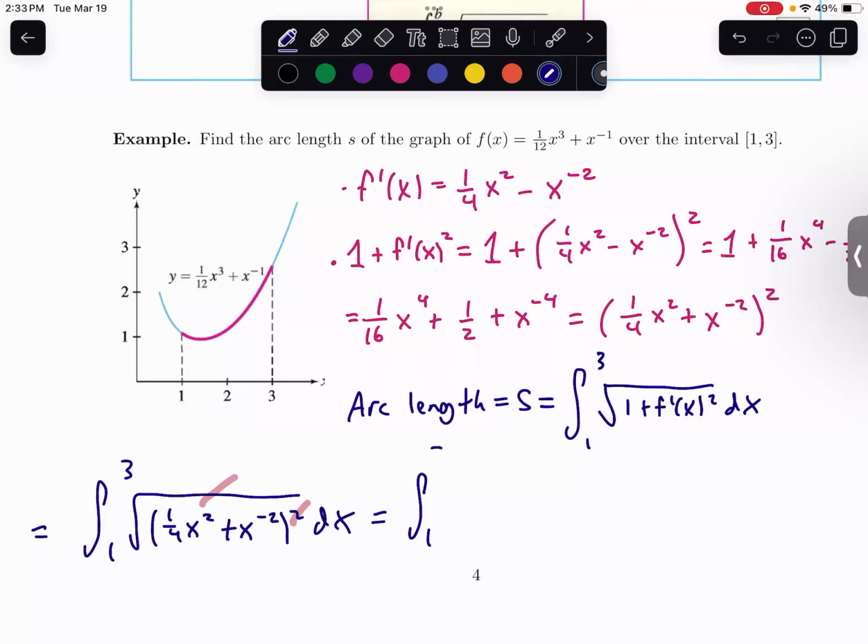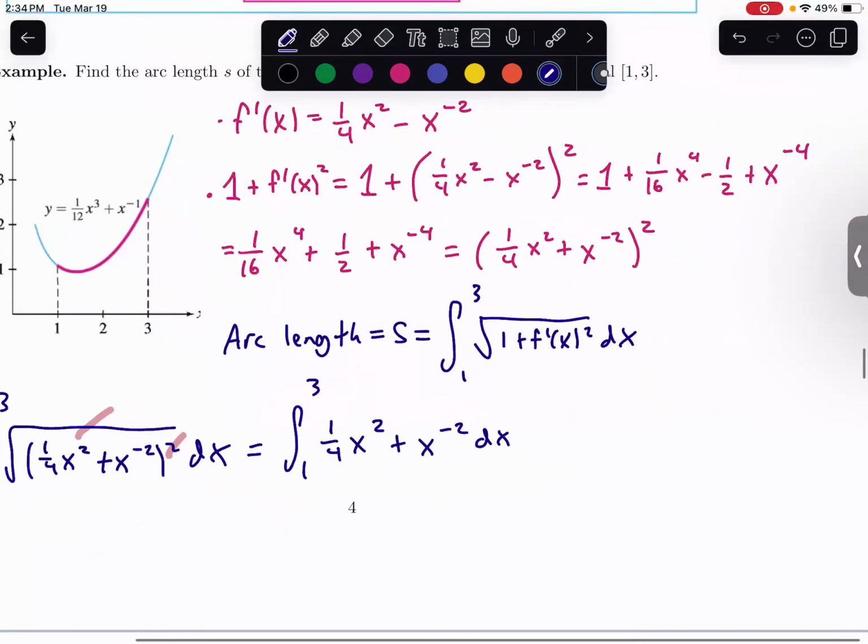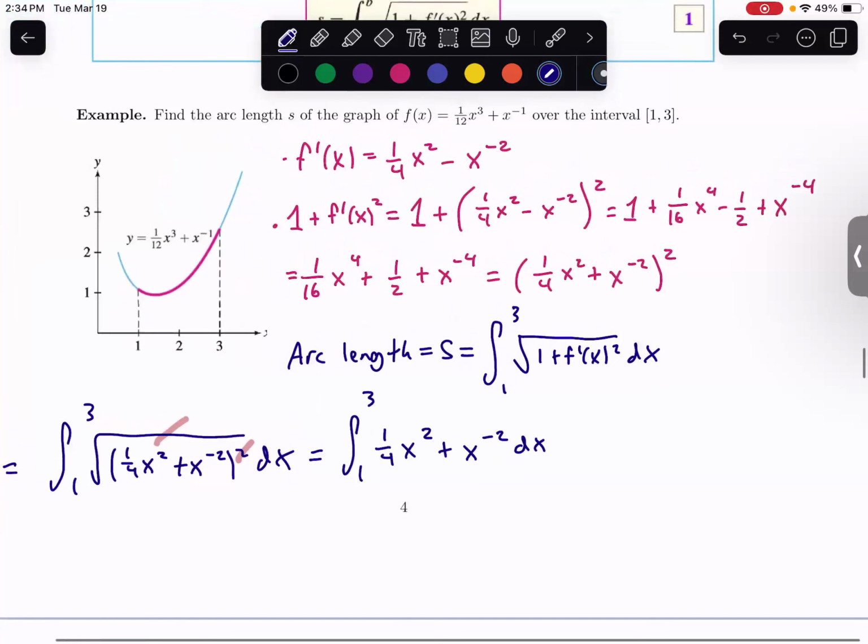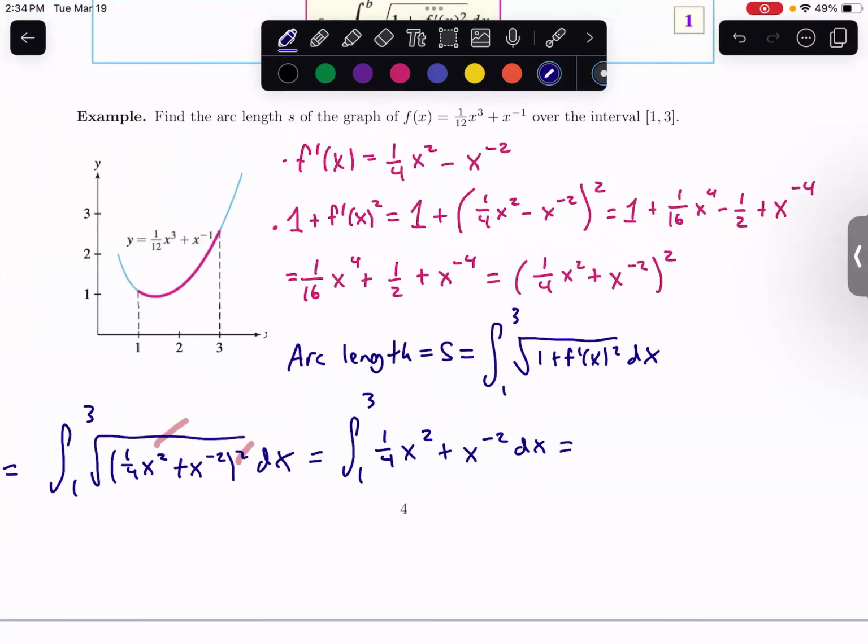This is just the integral from 1 to 3 of 1 over 4 times x squared plus x to the minus 2 dx. So then it's just a matter of determining what this integral is using the power rule. So this is going to be 1 over 4 times 1 over 3 x cubed plus x to the minus 1 over minus 1.